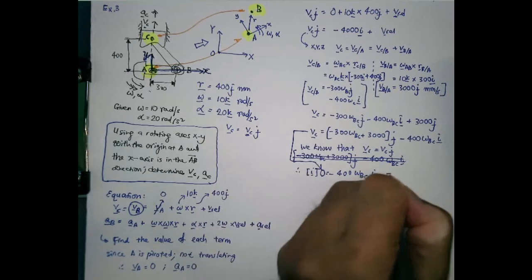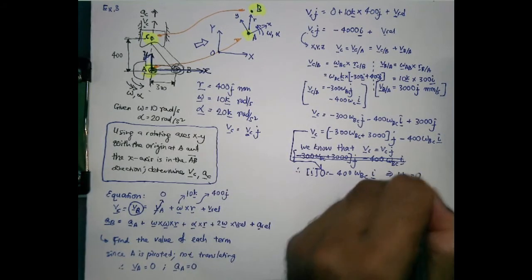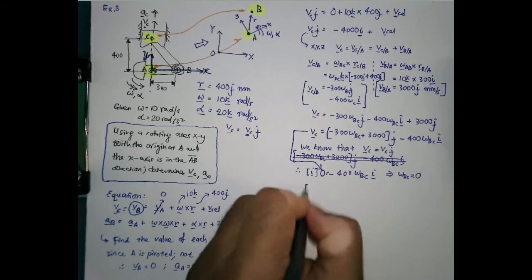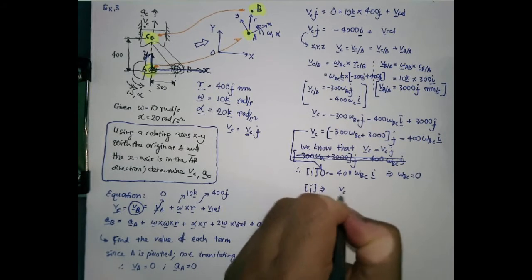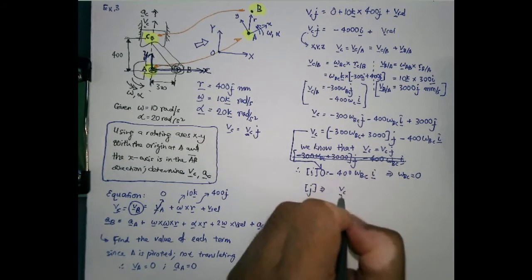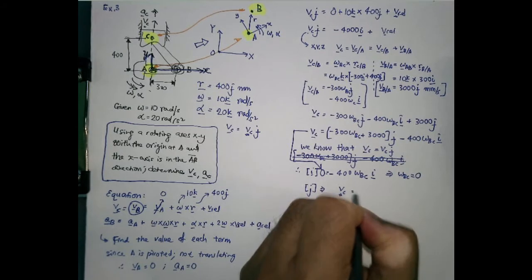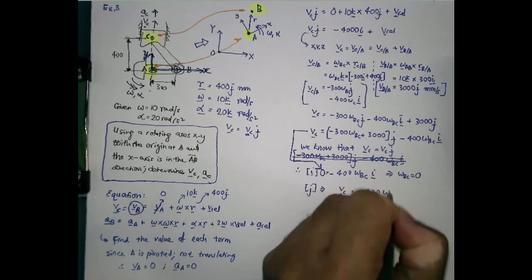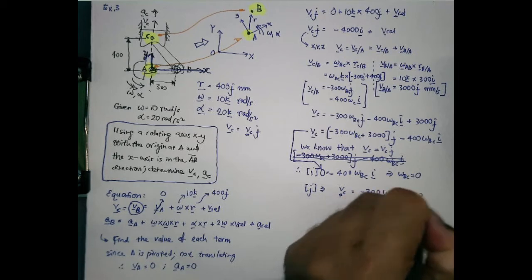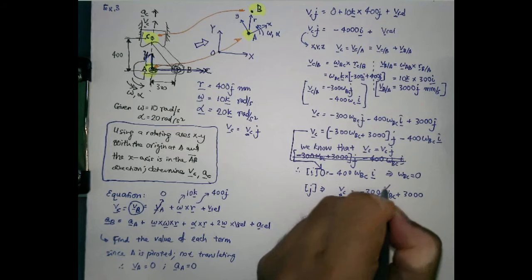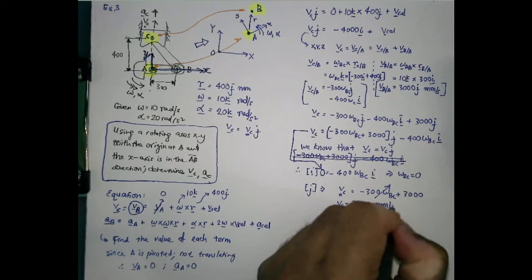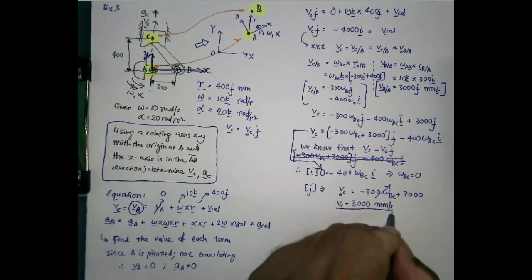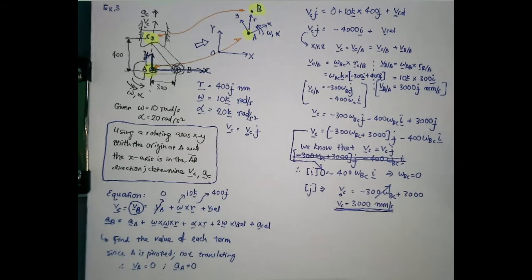Therefore omega BC equals 0, and according to J part we have VC equals VC J, then VC equals minus 300 omega BC plus 3000, and this is 0, therefore VC equals 3000, and that unit is millimeter. So that's the answer for VC.